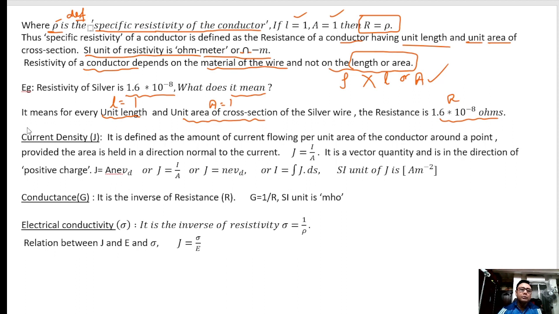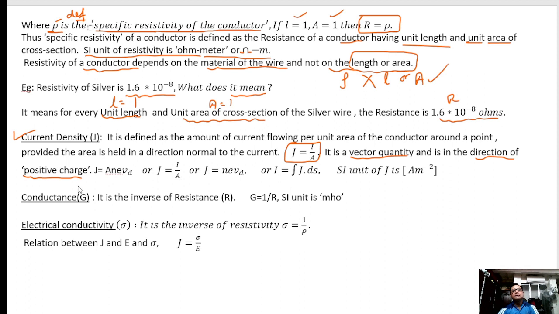Let us next come to the next point, that is current density. What is current density? It is defined as the current per unit area, the current flowing per unit area of the conductor. It is a vector quantity and is in the direction of the positive charge.